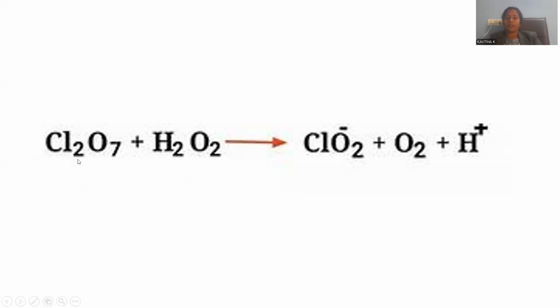So here 14 by 2, 7. In order to counterbalance -14, +14 should be there. That +14 is distributed among two chlorines, so +7 is the oxidation state of the chlorine. It is the highest oxidation state for chlorine.